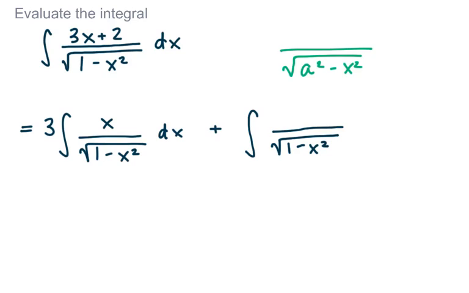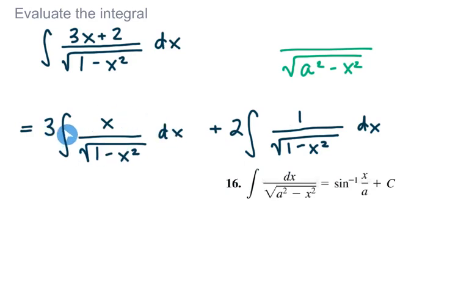And that 2 can also come in front, leaving me with a 1 there. At this point, that dx could slide right into the numerator and it would look exactly like number 16 from our table. However, the first integral is not one of the patterns.